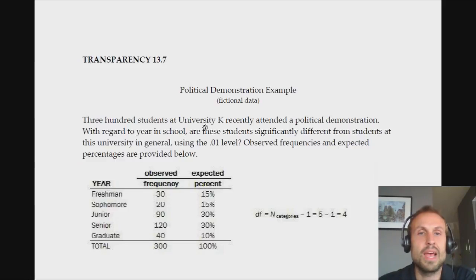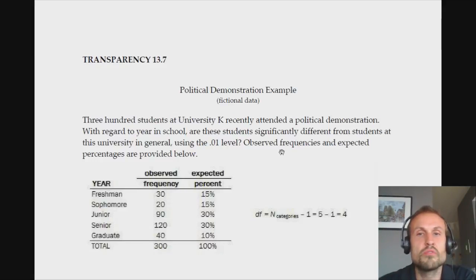300 students at University K recently attended a political demonstration. With regard to year in school, we want to know, are these students significantly different from students at this university in general? Using some sort of significance level, for example 1% or 5%, whatever you want, in this case a 1% level.